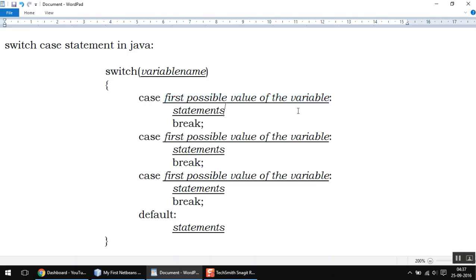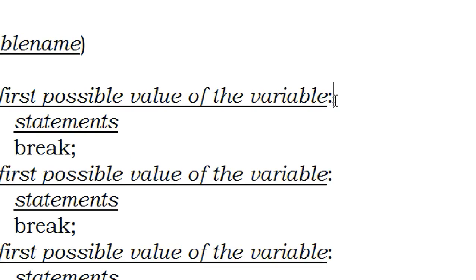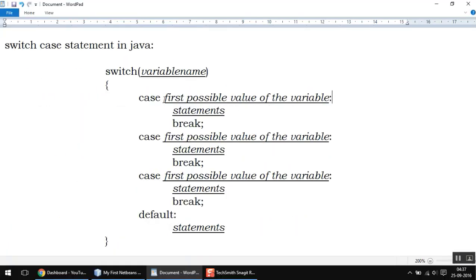Right after that possible value, we have to put a colon sign. It's not semicolon guys, it is colon sign. And if this is indeed the value of this variable, whatever we want to execute will be written here in the statements part. It may be one statement or it may be more than one statements.